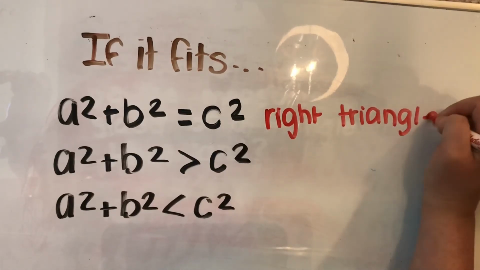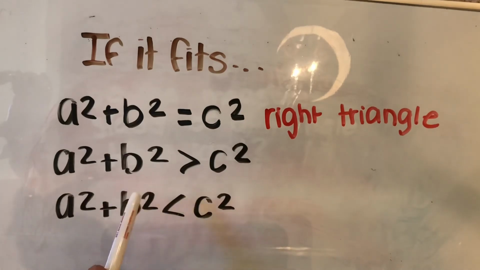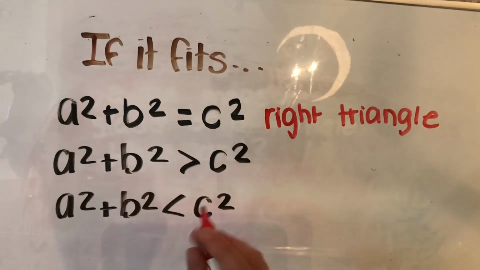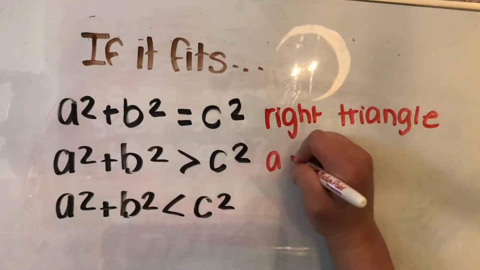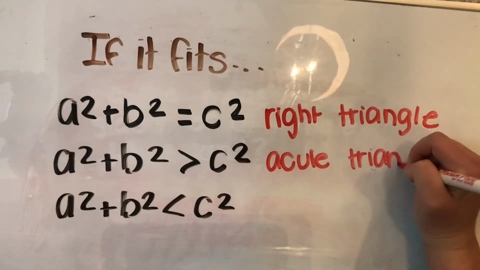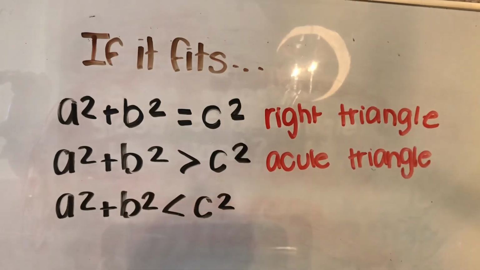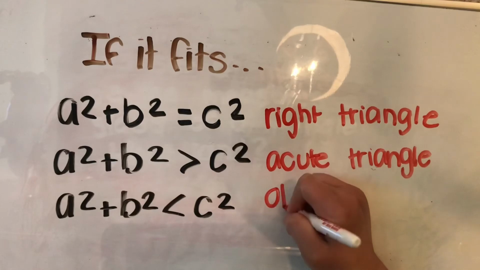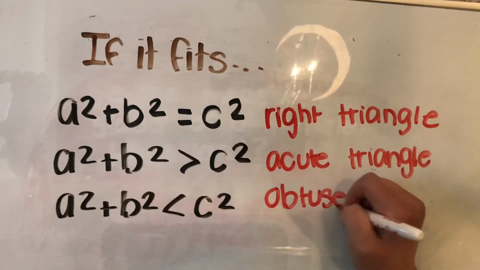Now if we go down to the second one where it says a squared plus b squared is greater than c squared, we can then classify the measures as belonging to an acute triangle. And then the last one, a squared plus b squared is less than c squared, we can classify the measures as belonging to an obtuse triangle.